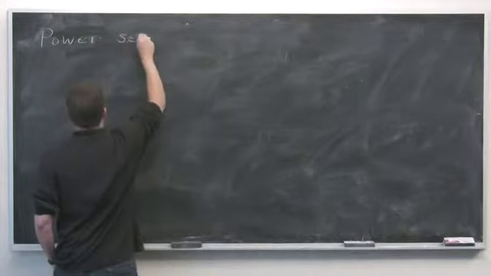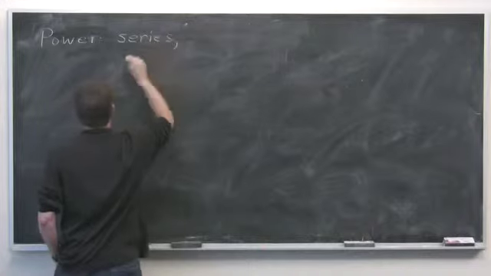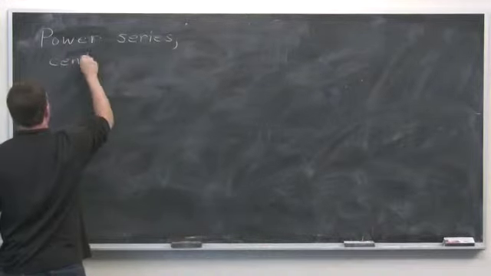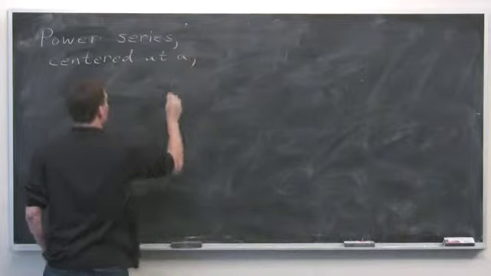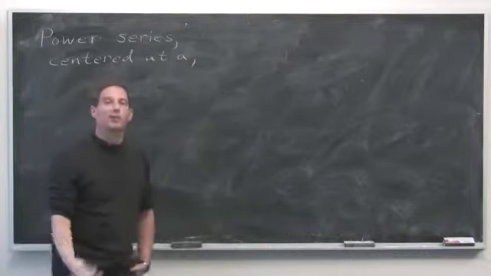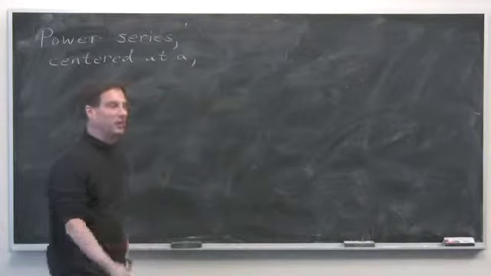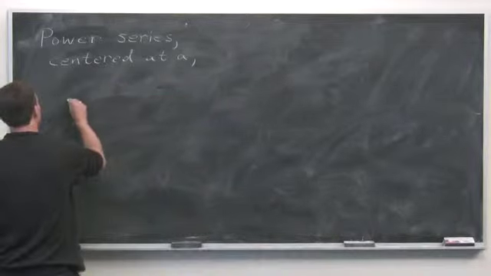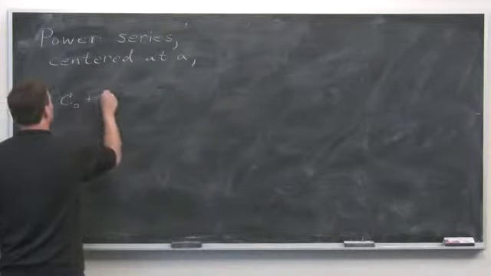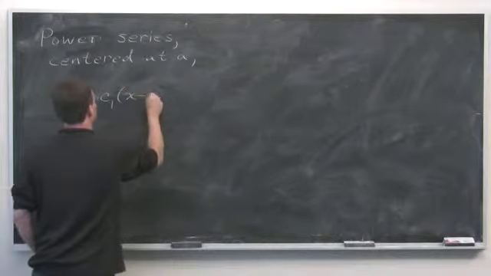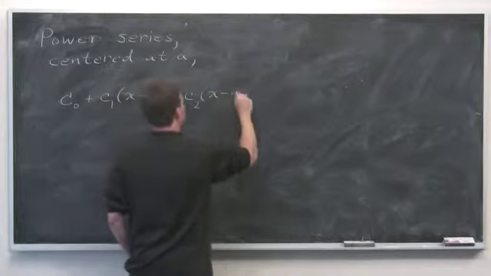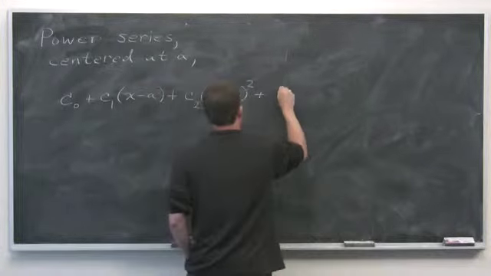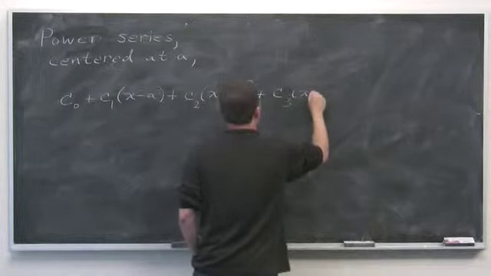A power series centered at a just means a polynomial centered at a, but the polynomial never ends. So there's some coefficient plus some coefficient times x minus a plus some coefficient times x minus a squared plus some coefficient times x minus a cubed.